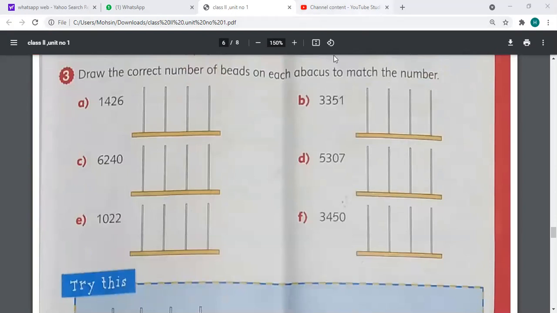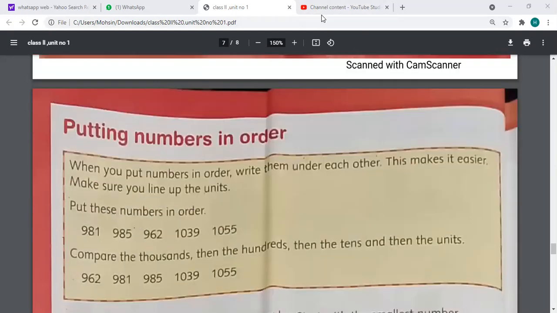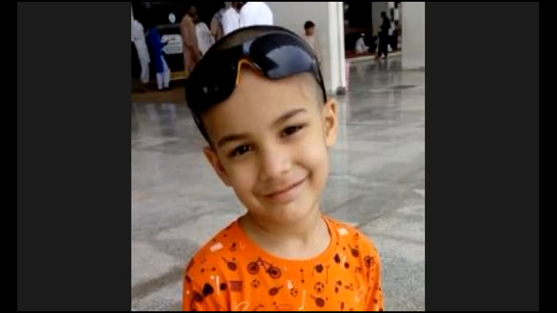Now come on the board. Look at the board. That is page number 10 and question number 1. I'm going to do A part for you. In A part, they give 1102.